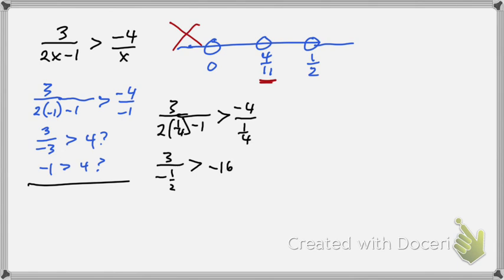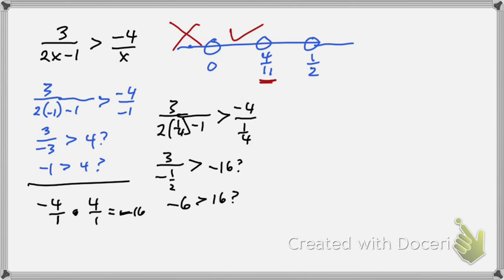How come? Because we keep, change, flip. Right, so I'm getting -16. 3 divided by -1/2 is what? -6? Is this true? Yeah. Ding.